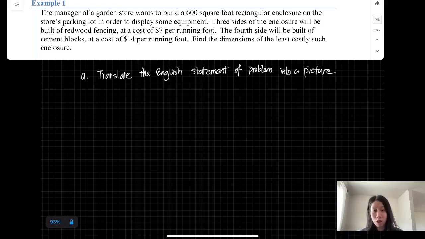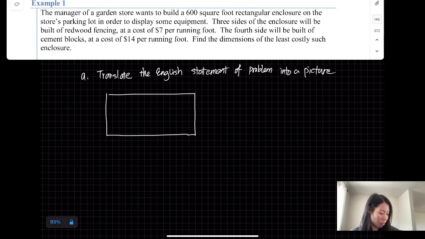The manager of a garden store wants to build a 600 square foot rectangular enclosure. So this is rectangular and the area is 600 square feet. Then three sides of the enclosure will be built of a redwood fence, and the fourth side, let's say this one, will be cement.